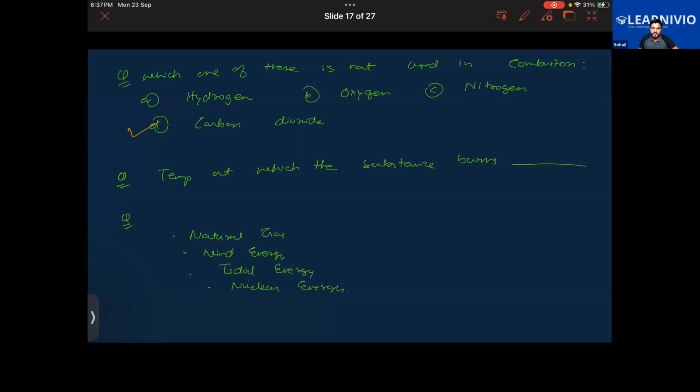There can be more than one answer. Wind, natural gas and nuclear energy? The question is which one of them is non-renewable.